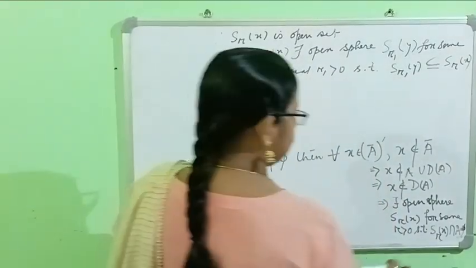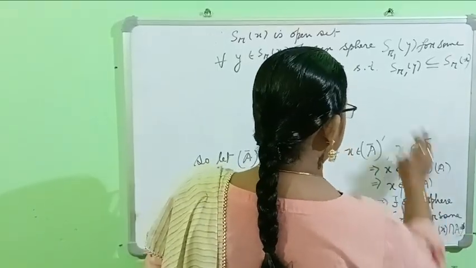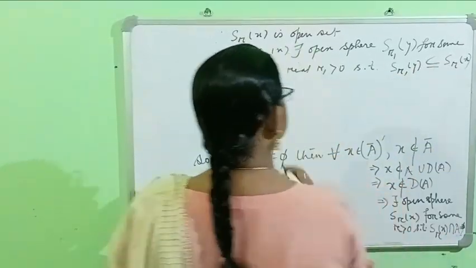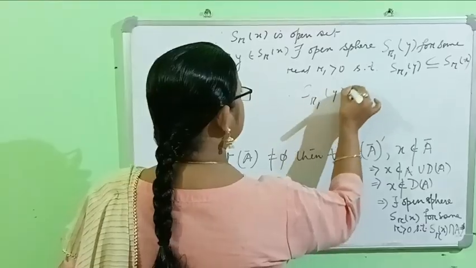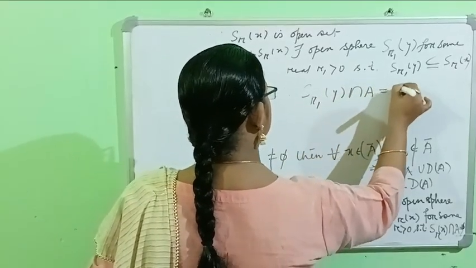Now this S_r(x) intersection A is empty and S_r1(y) is a subset of S_r(x). So S_r1(y) intersection A is again empty.